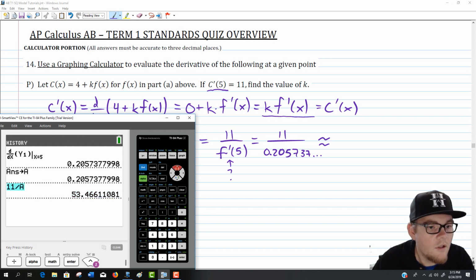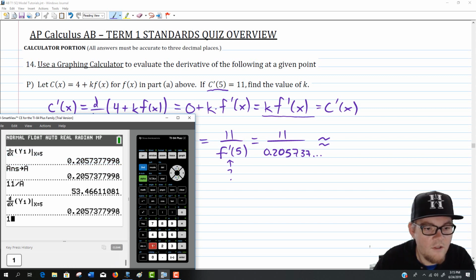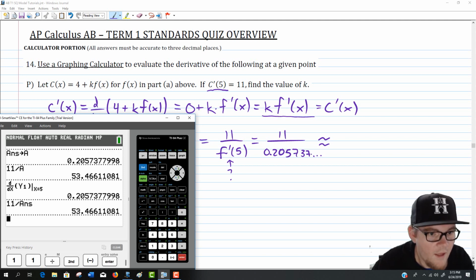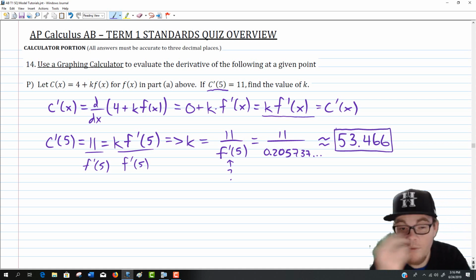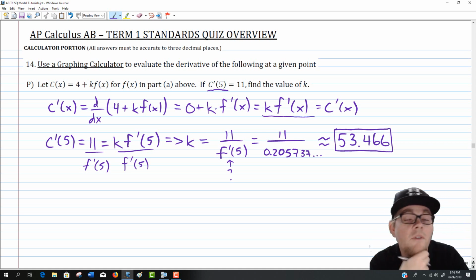The other option could be, if so desired, I could just do in my calculator 11 divided by the answer. And in both cases, we get our correct value, 53.466. So that is the value of k, or the approximate value of the k value we need, such that c prime of 5 would be equal to 11.